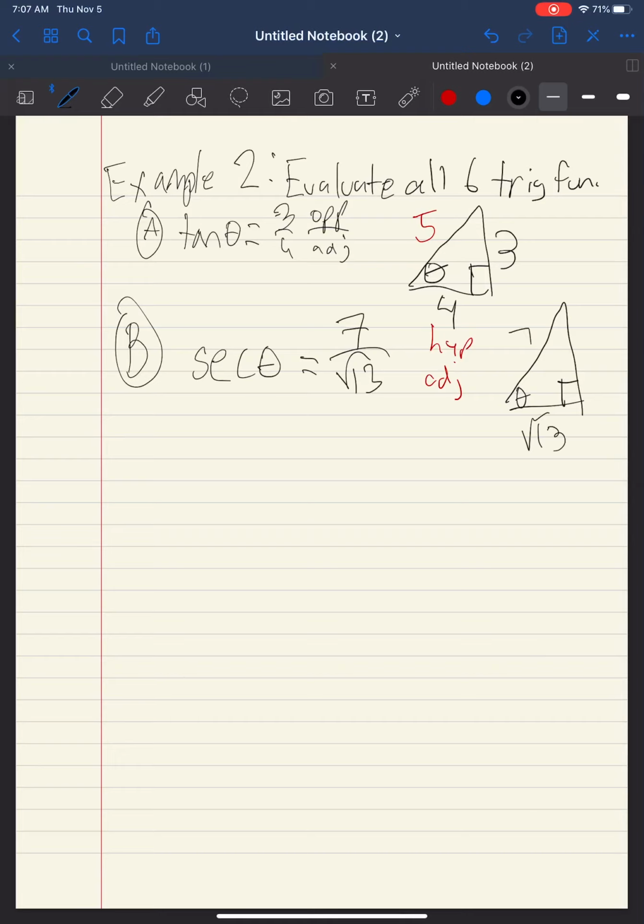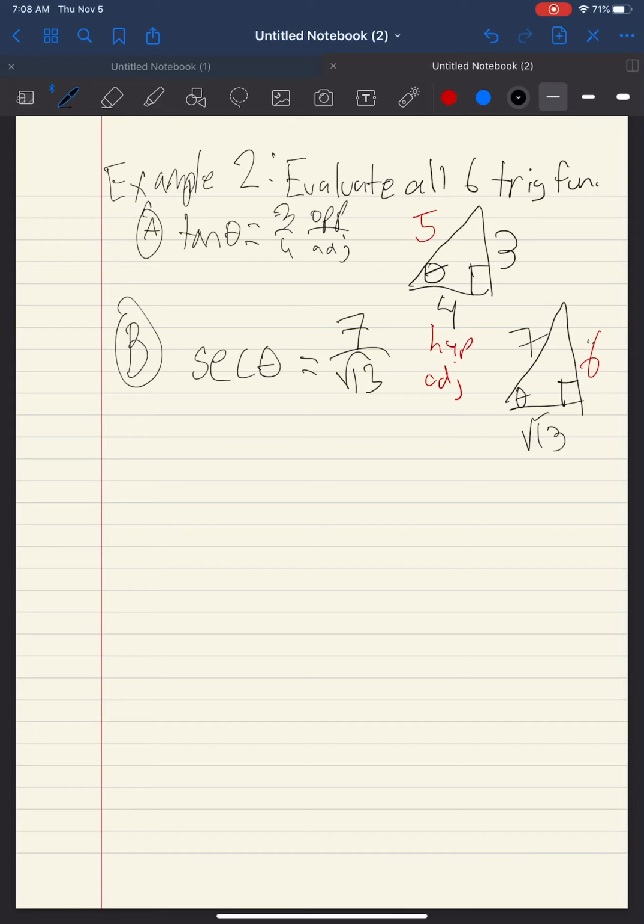We know our hypotenuse is 7. And if you did this, I would call this right here A, so A squared plus square root of 13 squared equals 7 squared, which is A squared plus 13 equals 49. You put 13 to the other side, it will be 36. Square root of 36 is 6.